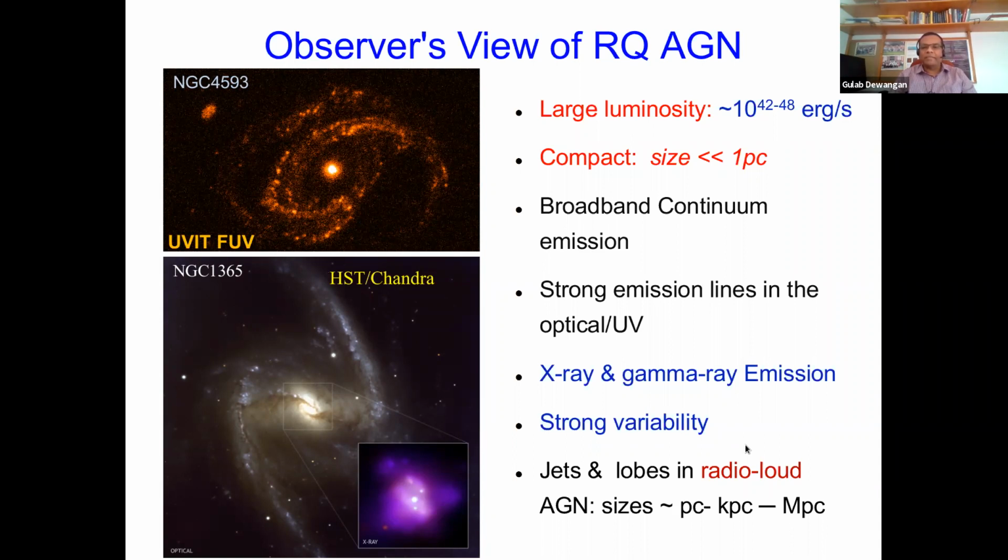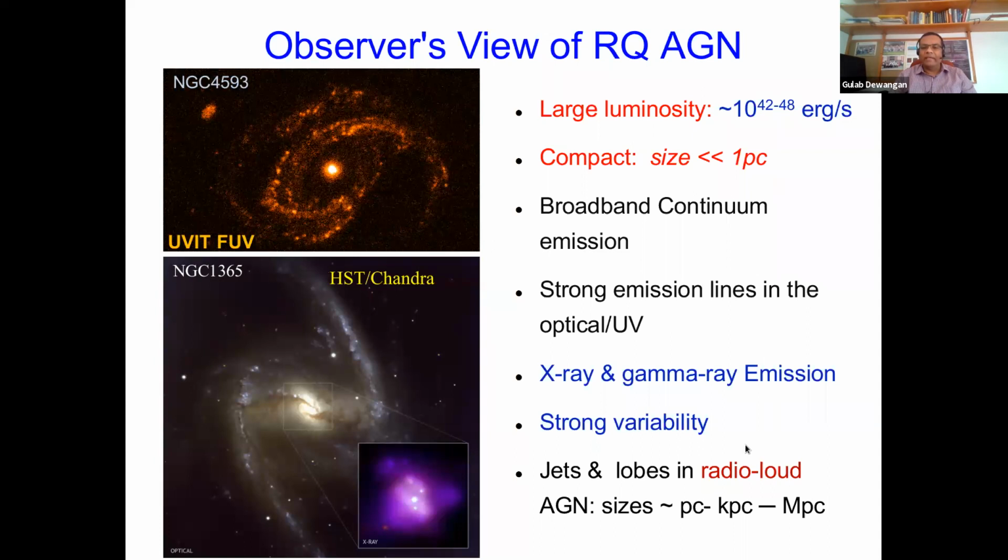Many of these AGNs show strong emission lines as well as broad emission lines in the optical and ultraviolet bands. When we think of AGNs, the X-ray emission appears to be a generic characteristic of AGNs. Some of the AGNs also emit high energy gamma rays as well.